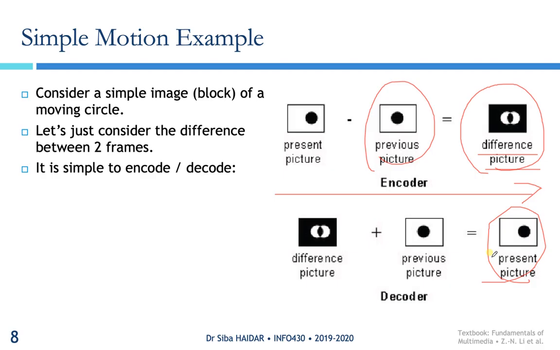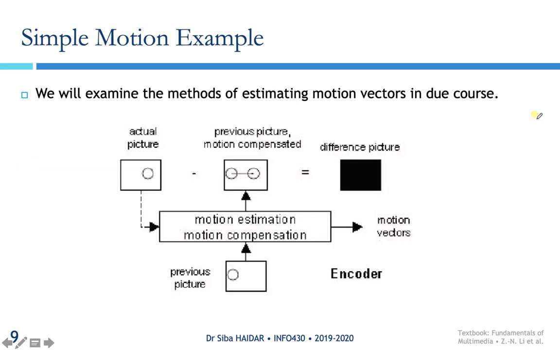So why do we do that in the first place? Instead of sending the present picture and the previous picture, which would cost us high calculation, we send the previous picture and the difference picture. As we have said already, this contains lots of zeros, so it has low entropy, and this makes for a better compression technique.